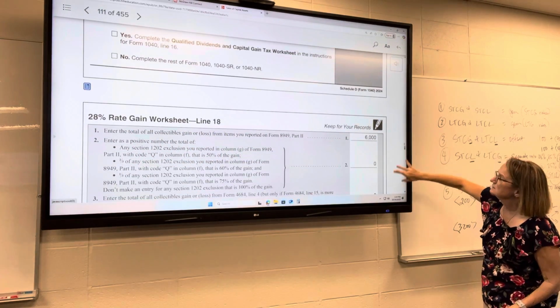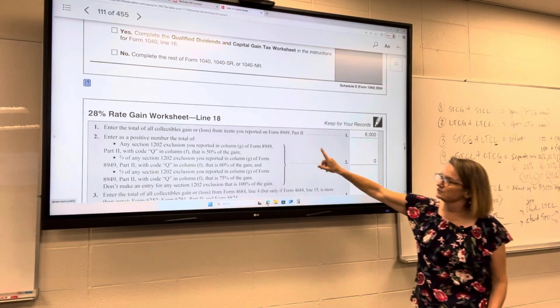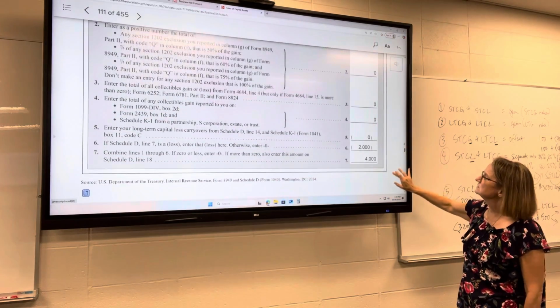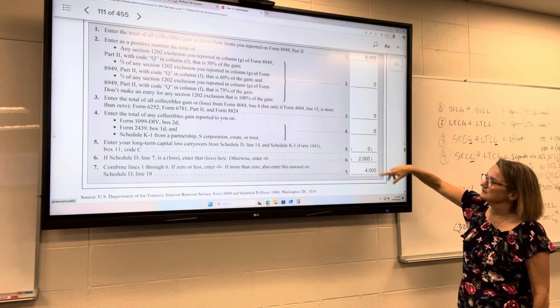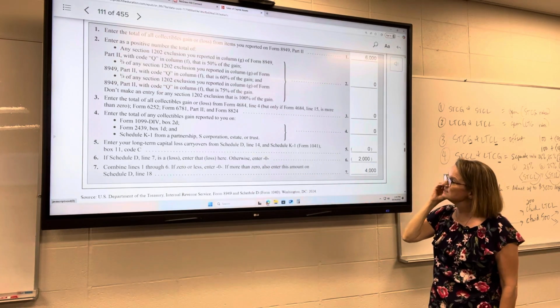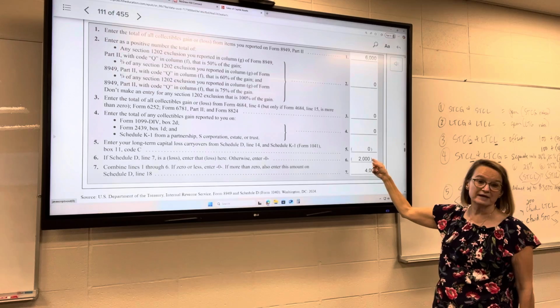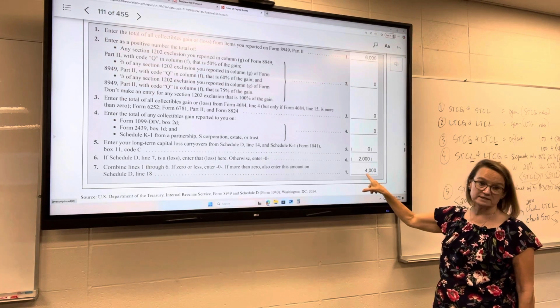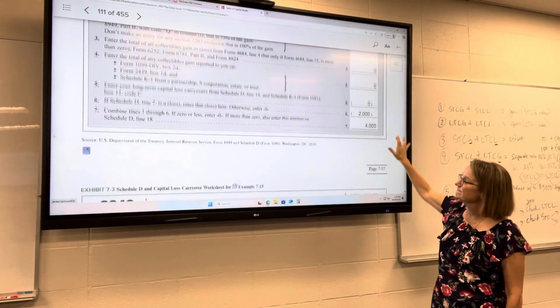Here's the worksheet. Enter total of all collectibles gains, and then follow all the directions here. If Schedule D line 7 is a loss, enter that loss. This is our short-term capital loss here. This is what nets it, those two.